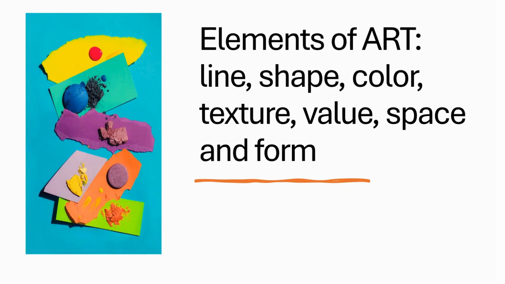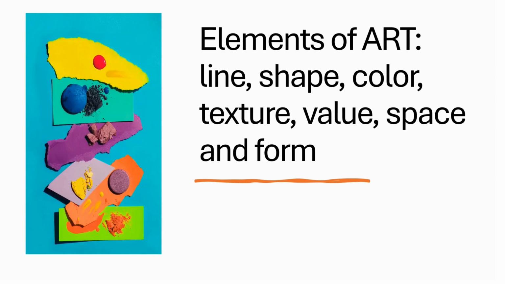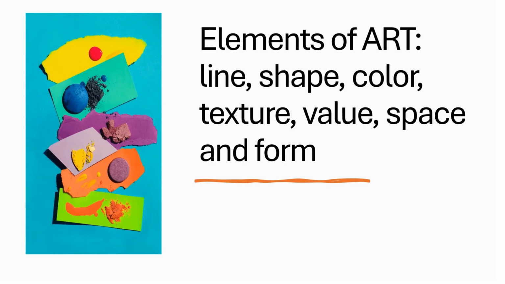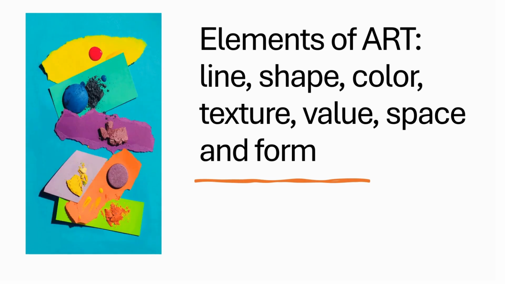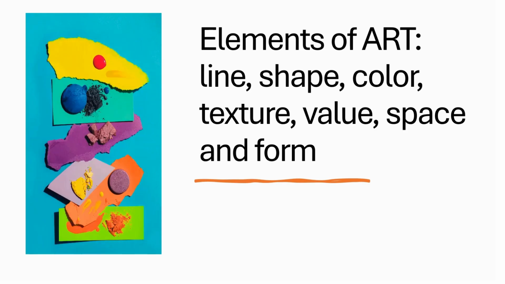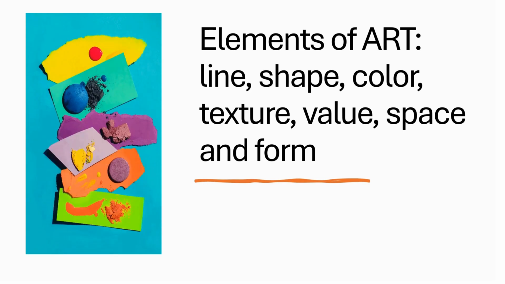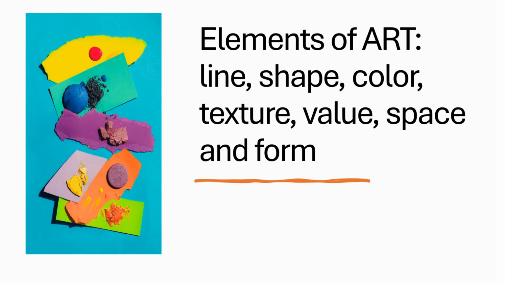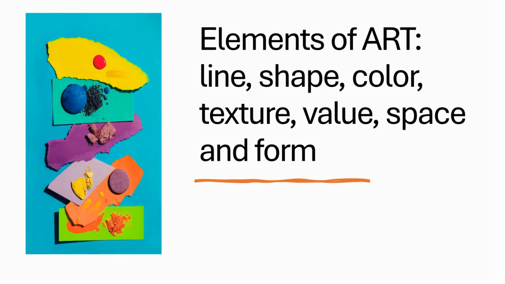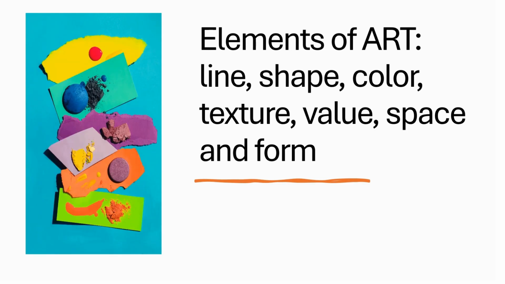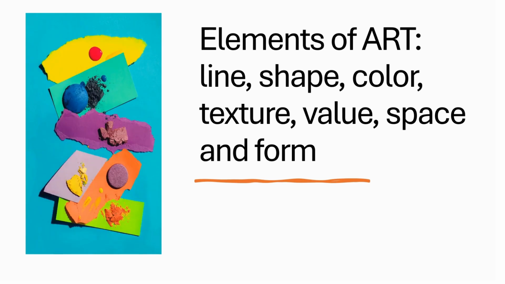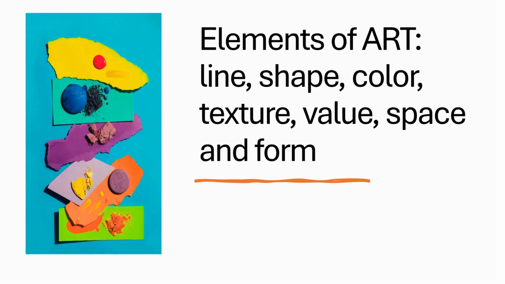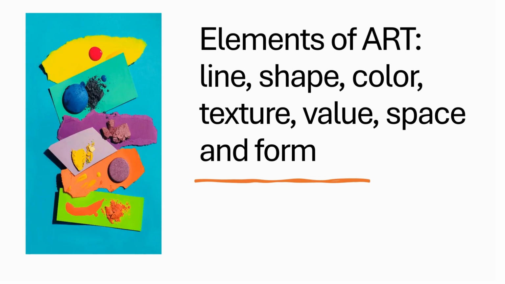And of course, most of us are familiar with the elements of art. We understand line and shape and color and texture and value. Space is the illusion of depth. It's used often in landscapes. And form. Form is when these principles are applied to a 3-dimensional object.